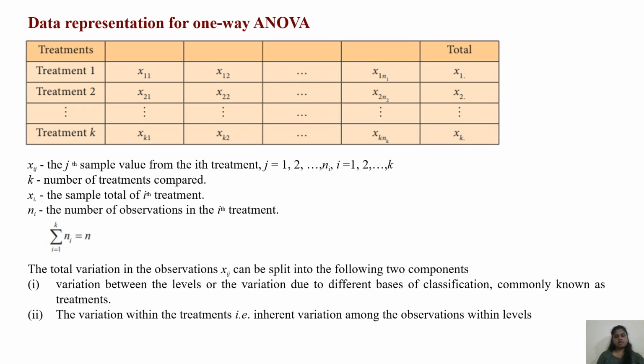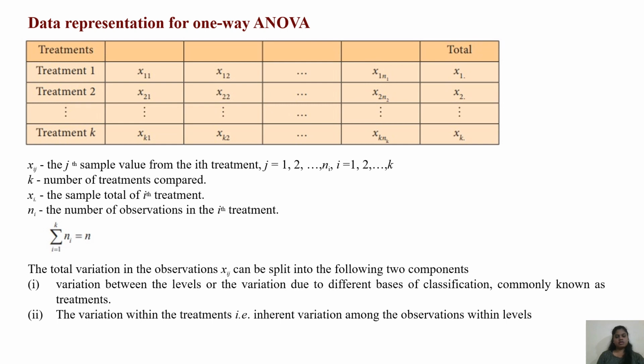Xi is the sample total of the ith treatment. Ni is the number of observations in the ith treatment. And the formula is given by: the total number of elements is the sum of the numbers of all the elements.